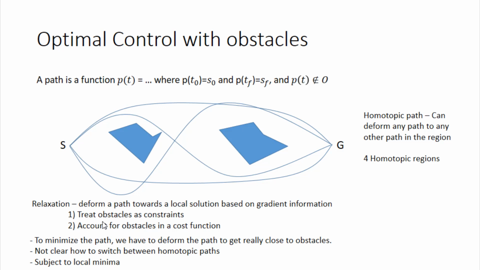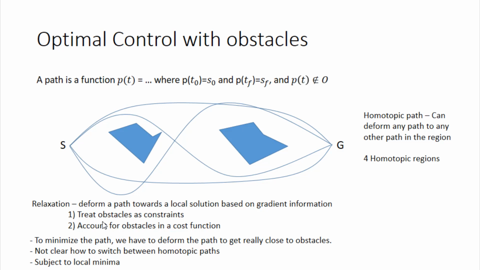So typically when you're thinking about control problems, the main technique to change functions, based on just control information, is that you deform the path towards a local solution based on gradient information. What that means is that we have our path, so think about taking any one of these 4 paths, and we're trying to deform it based on local information. Local information is going to be the stuff that is near the path.